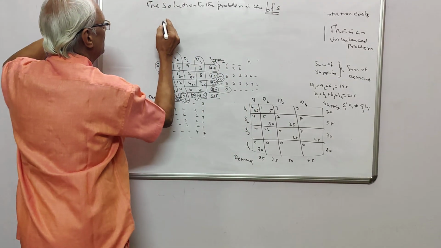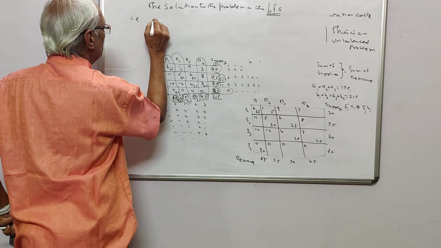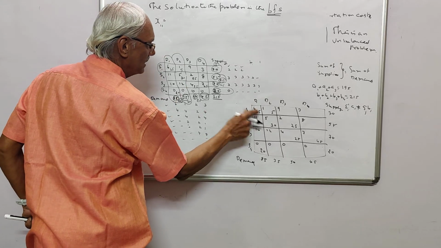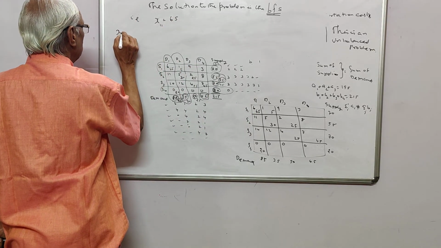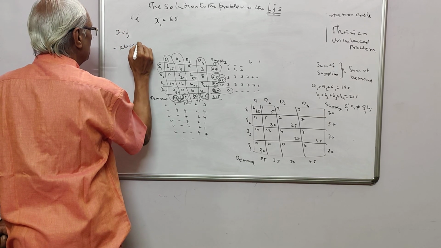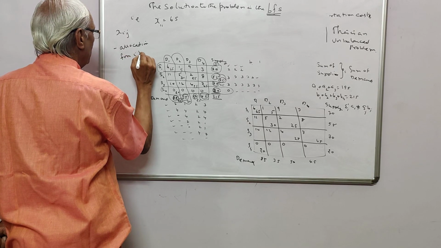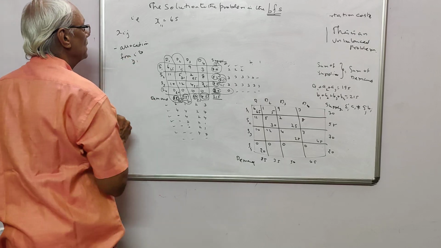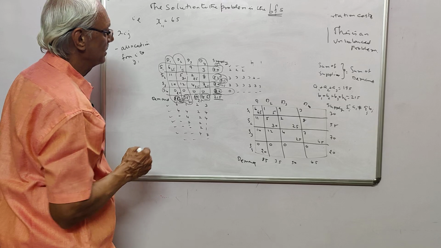That is, see, this is your X11 cell. What is your X11? 65 allocation. Xij is the allocation from i to j. So this is first source to first destination.